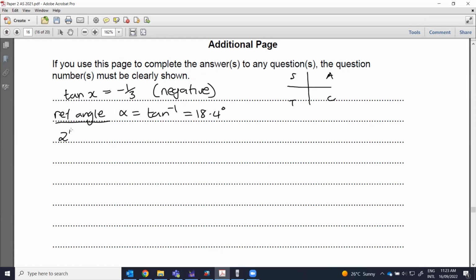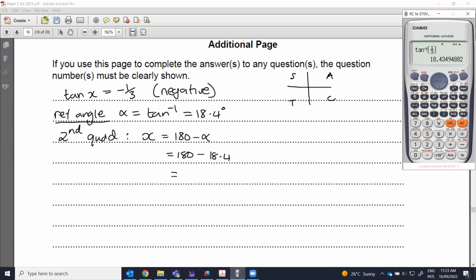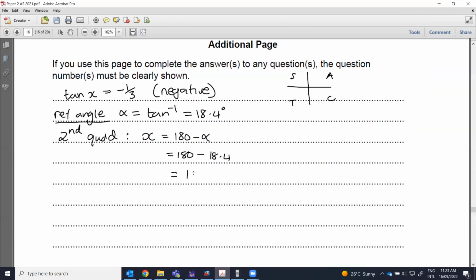So for our solution in the second quadrant, we know that angles x in the second quadrant, we write them as 180 minus the reference angle. So this is 180 minus 18.4, which is 161.6.